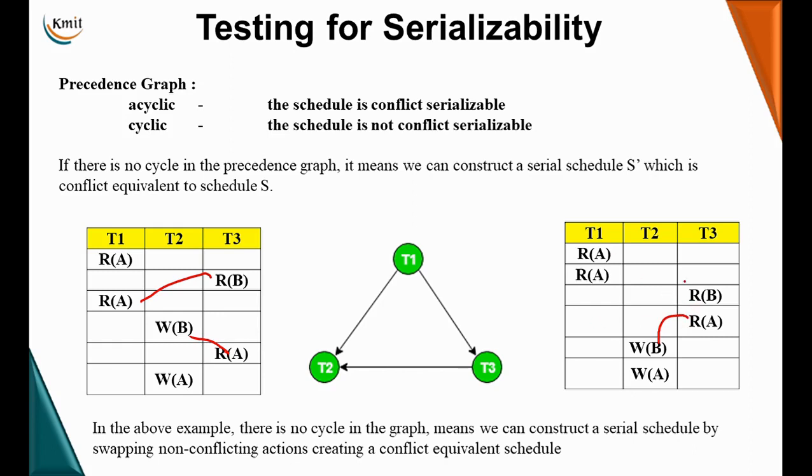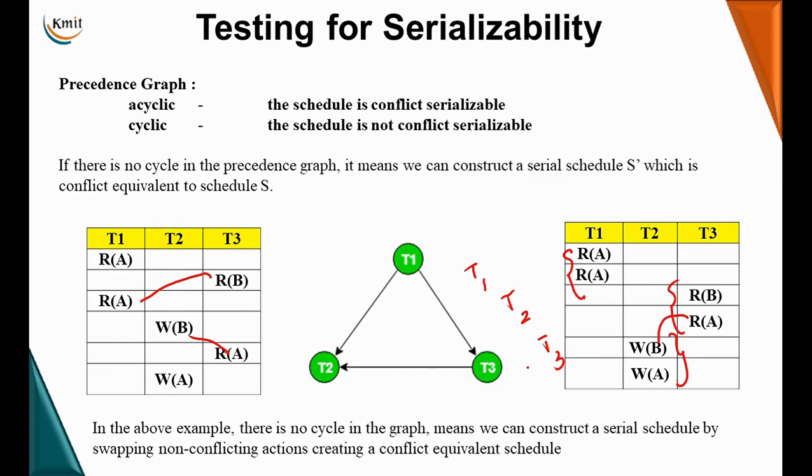So this schedule has the same actions as the previous schedule, but the non-conflicting actions are swapped, because of which T1, T3 and T2 have become serial. That is, only after completion of T1, T3 starts, and on completion of T3, T2 starts. So there is no interleaving or overlapping, and we see that this can be executed as a serial schedule.